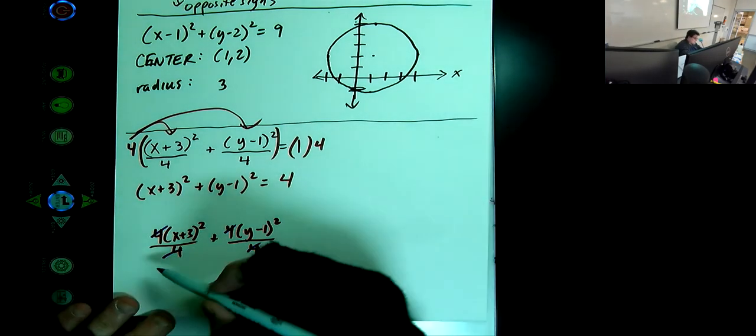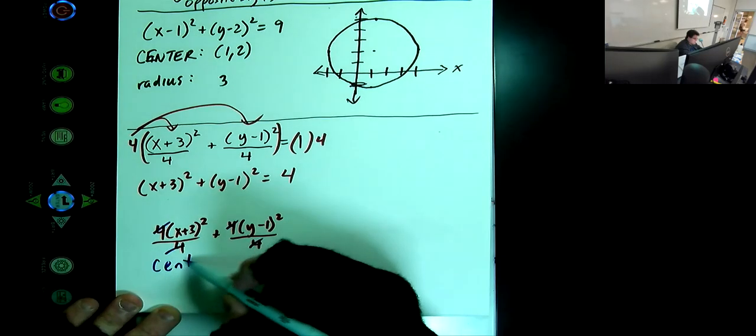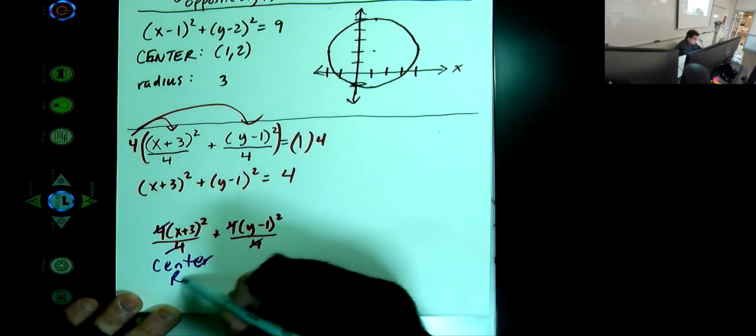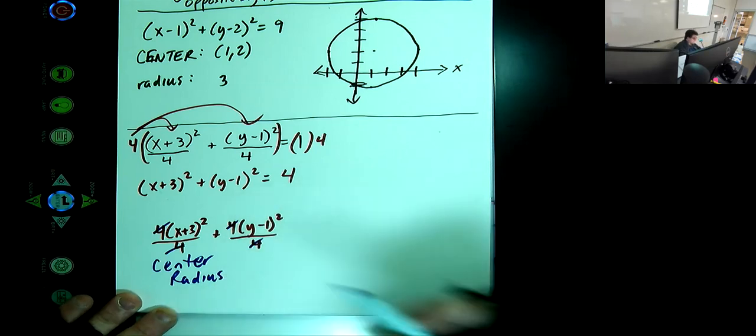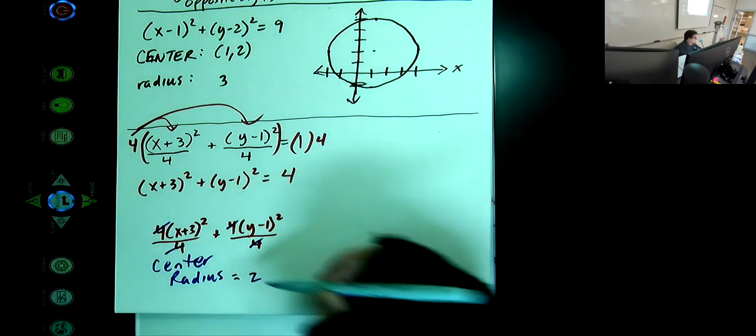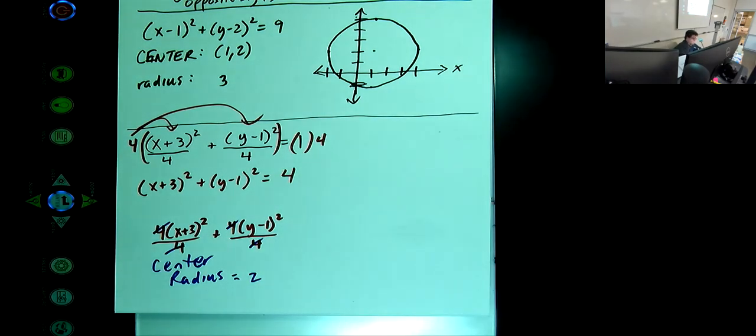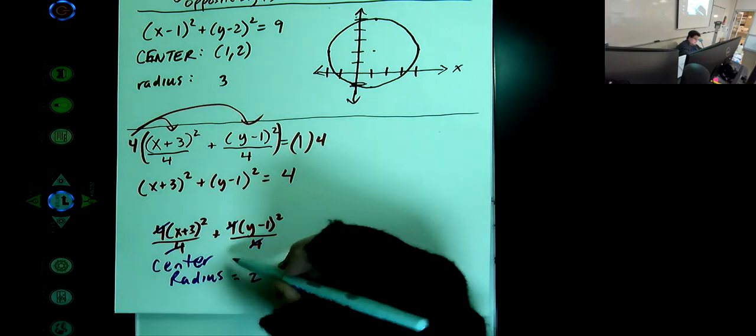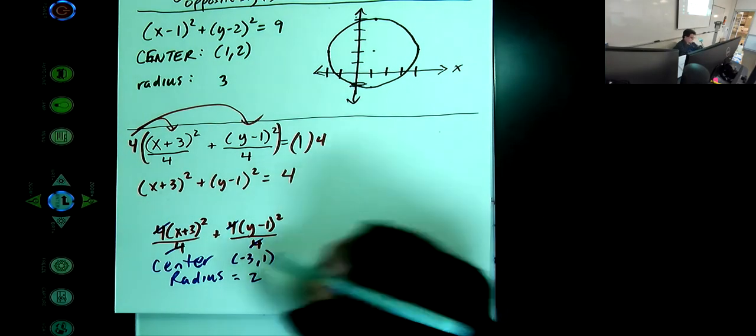So where does that put my center and my radius? The radius is 2, and the center is -3, 1. Excellent.